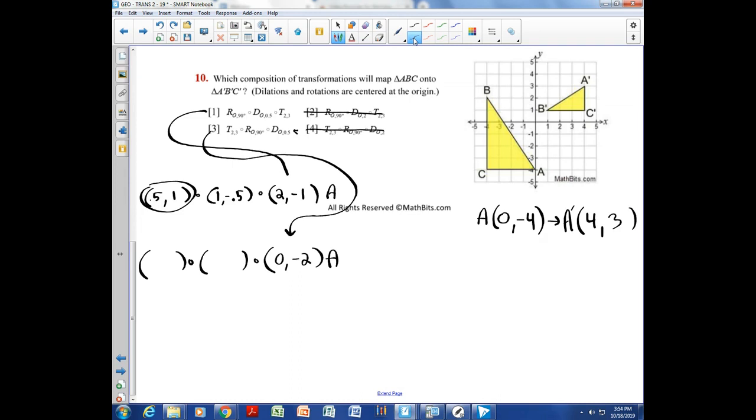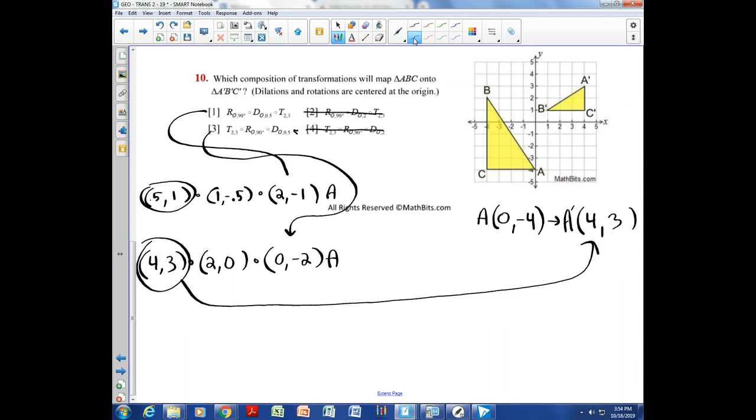Now they want me to rotate that 90 degrees, which is (-y, x), so the y comes in the front, becomes positive, and the x just goes to the back. And then they want to do the translation of (2, 3). So 2 plus 2 is 4, and 0 plus 3 is 3. And sure enough, this point is this point. So we found our answer, which is number 3.